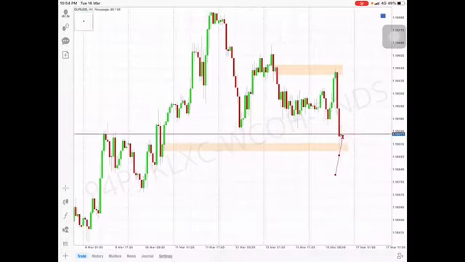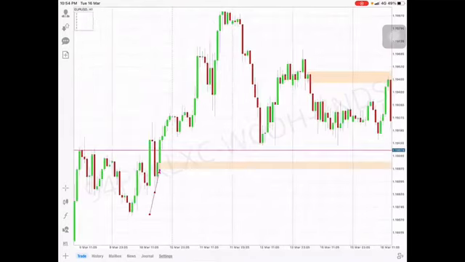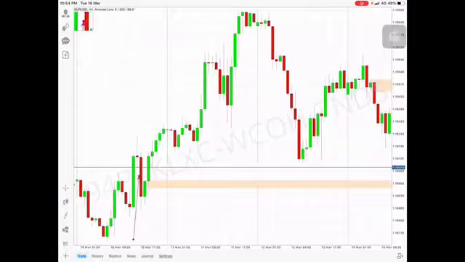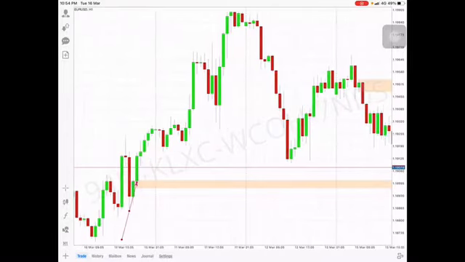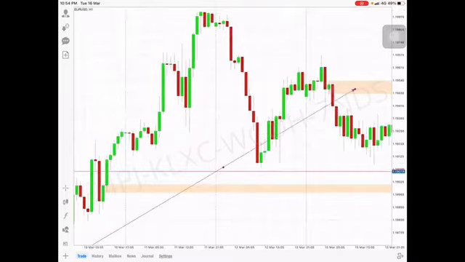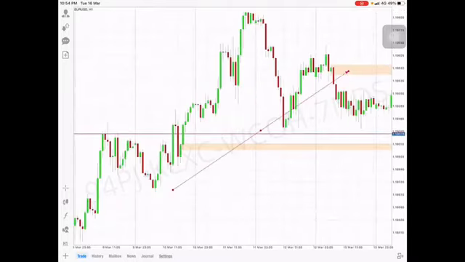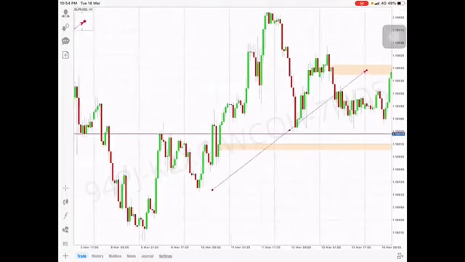Do you see how it rejected a DOM? This DOM is the green DOM. Is the green DOM an area for buy or for sell? For buy. So if we enter here, we enter sell, right?